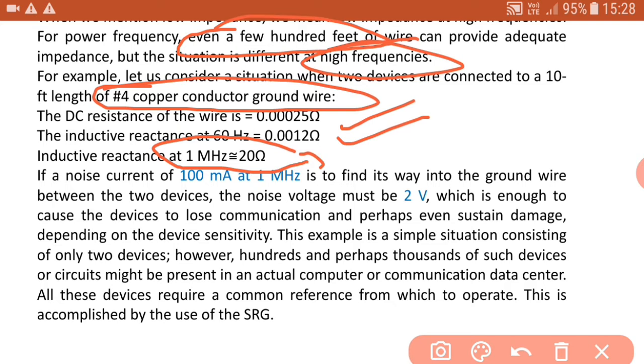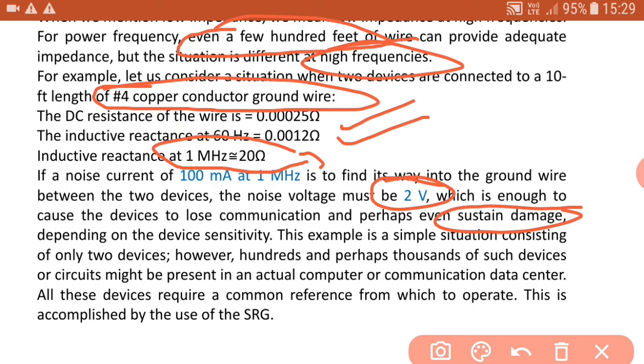If a noise current of 100 mA at 1 MHz finds its way into the ground wire between the two devices, the noise voltage will be 2 volts, which is enough to cause the devices to lose communication and perhaps even sustain damage, depending on the device sensitivity.